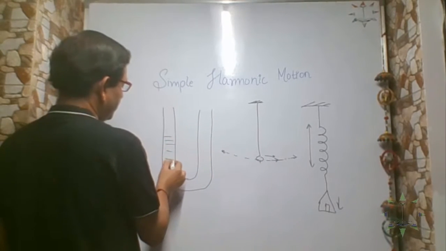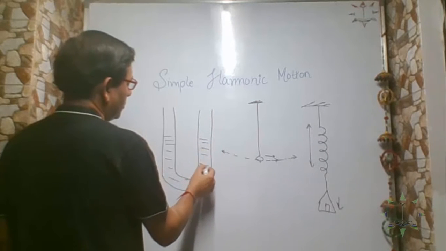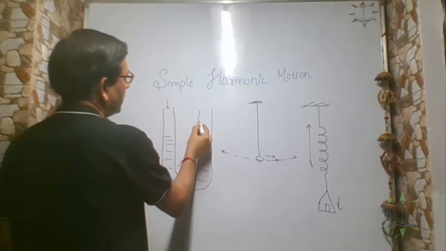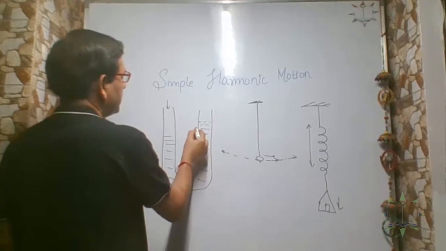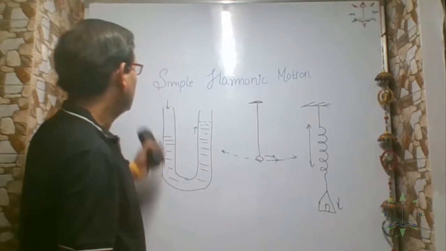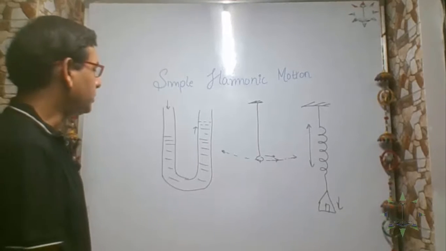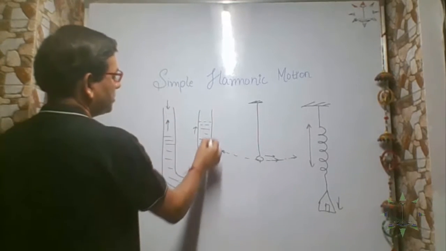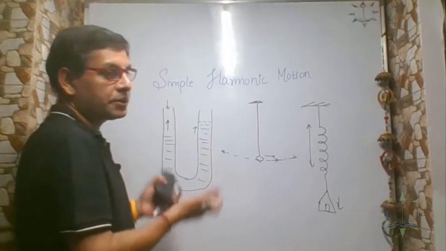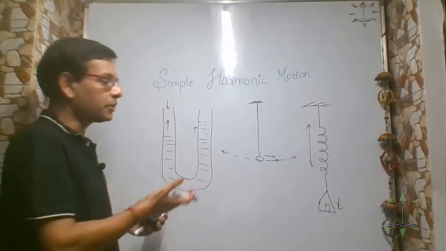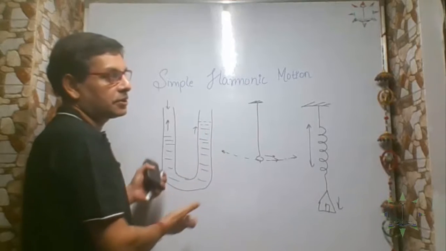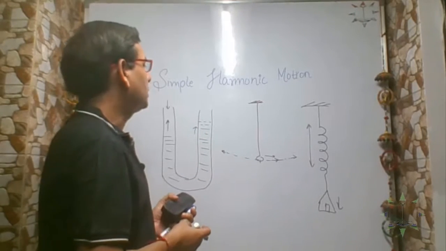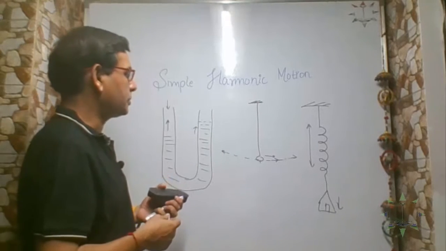If you blow air in it, the liquid inside this tube will rise. Then stop blowing the air. The liquid will go in this direction, and again it comes back because of the liquid level difference. As a result, it will execute simple harmonic motion. So these are all examples of simple harmonic motion.